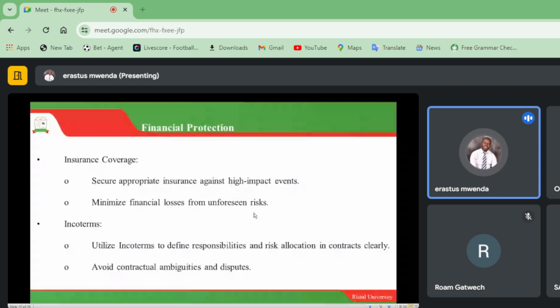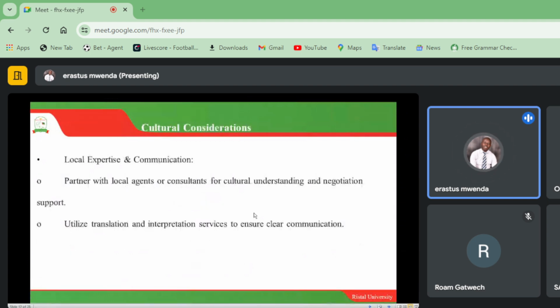That is an area that you need to be conversant with. Under Incoterms, you also have to make sure that you avoid contractual ambiguities and disputes, so avoid any form of disputes in relation to contracts.